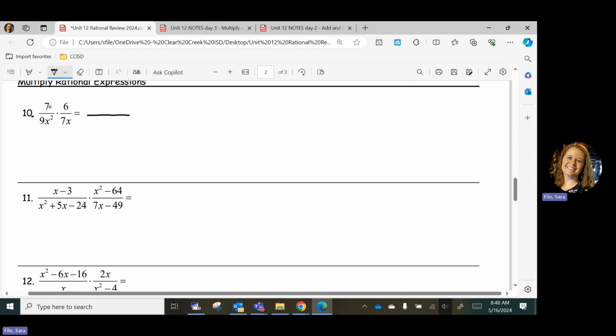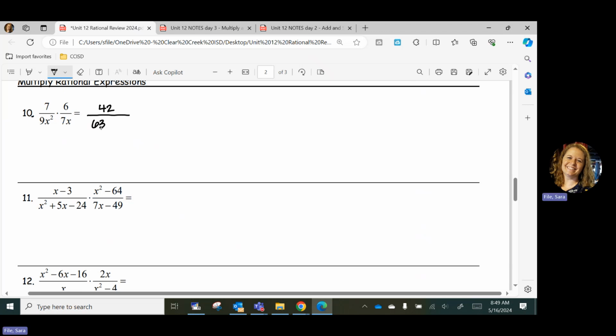So what's 7 times 6? 42. Okay, and on the bottom, when you're multiplying monomials, you multiply the coefficients and then you multiply the variable that's the like base. So what's 9 times 7? 63.